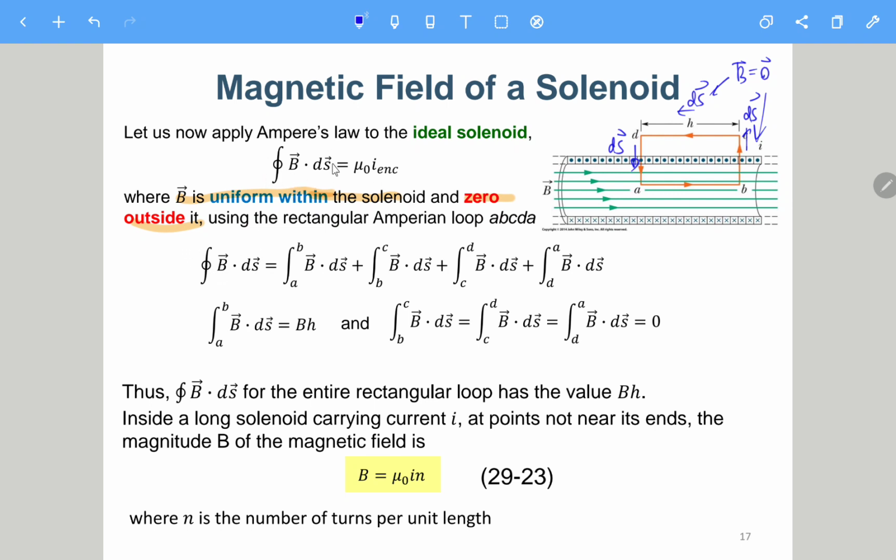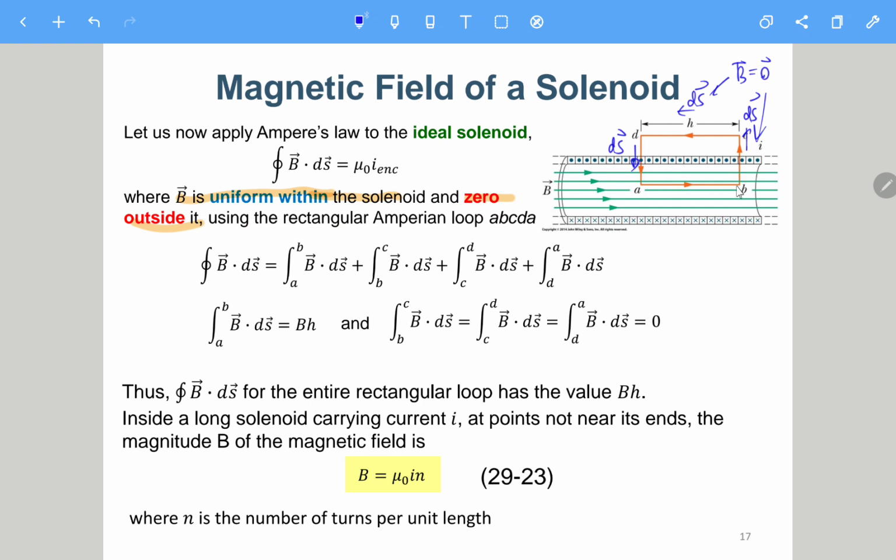This is a line integral from A to B to C to D and back to A, for the complete rectangle. We can write it as the line integral from A to B, B to C, C to D, D to A, and add these four together to become the whole line integral.